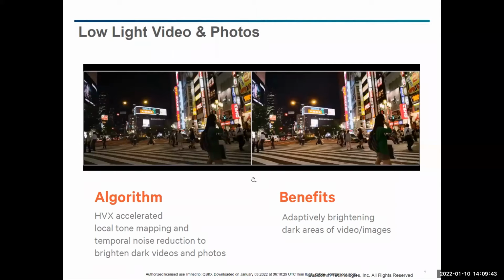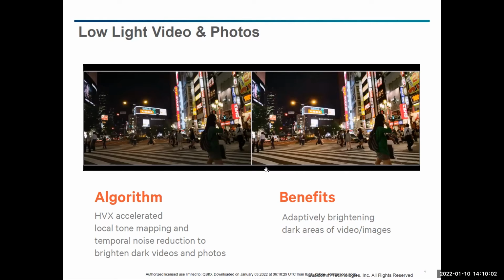So this is one of the real world algorithms, which improves the low light performance of photos and videos. This is one of the algorithms that the camera pipeline is using, and it is accelerated on HVX.